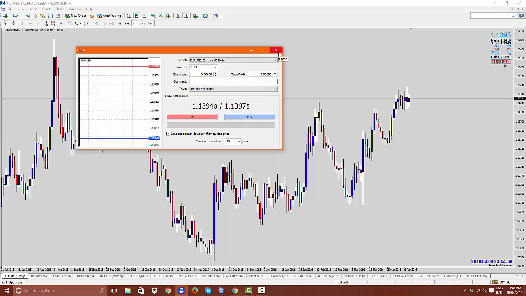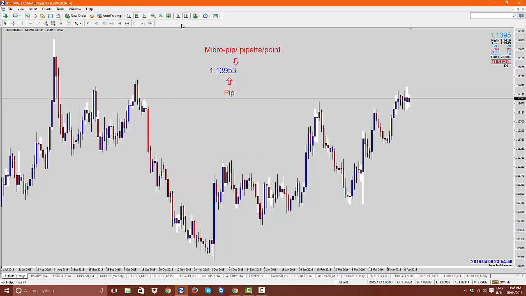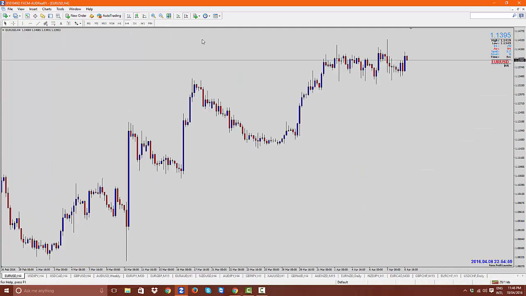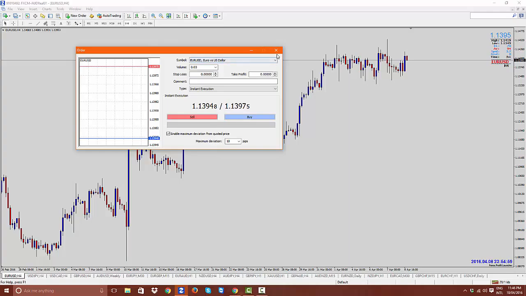Now this is a very basic definition, but honestly, if you are trading on an H4 or an H1, it doesn't really matter, because 1 or 1.5 pips or 2 pips is not a big deal. However, it's always desirable to check the spread according to whatever broker you're using, and the closer these prices are to the current market price, the better it is.